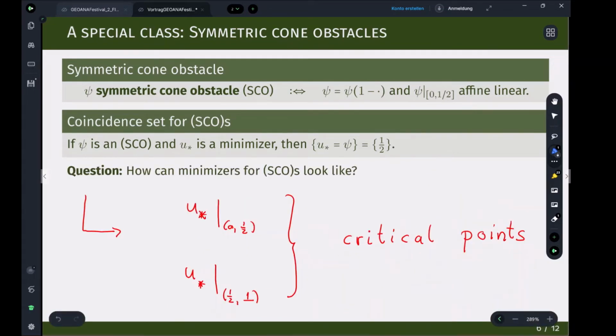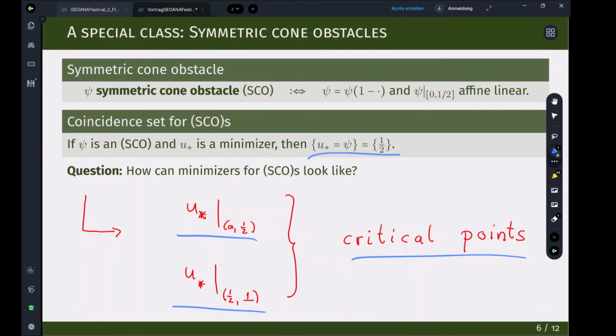Okay, so now, since we know where the coincidence set is, we know how the minimizer can be described. Namely, between 0 and 1/2 and between 1/2 and 1, I have critical points, so solutions of the Euler-Lagrange equation. And those two match together at 1/2, and there I have to touch the obstacle.